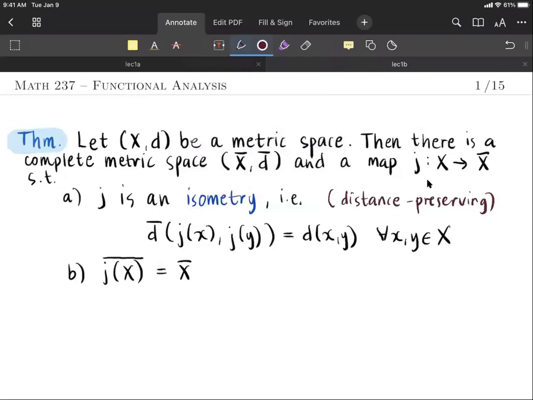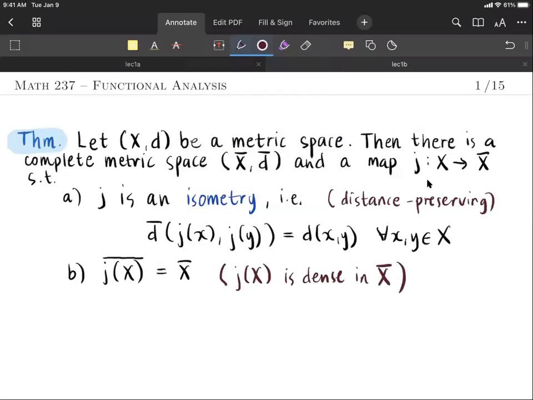And moreover, the image of this map, J of X, is dense in X bar. So that's why the notation for this metric space for the codomain is denoted by X bar. Because if you take the closure of the image, it would be X bar.